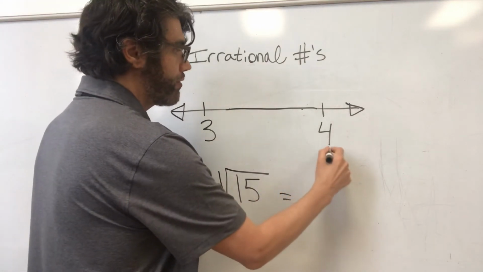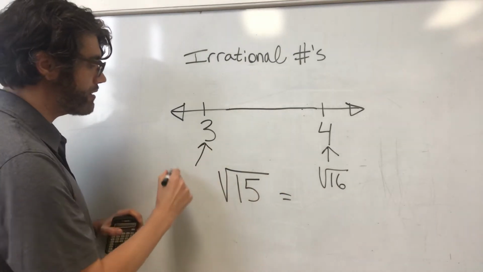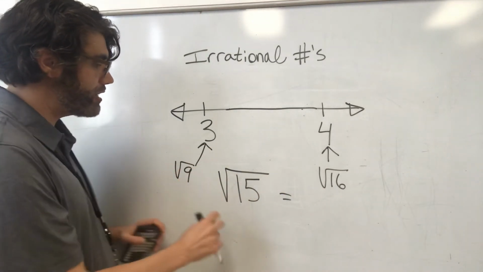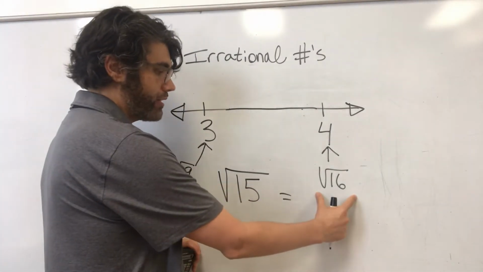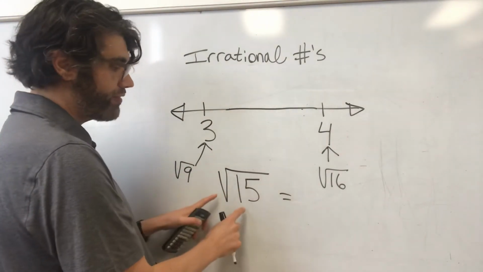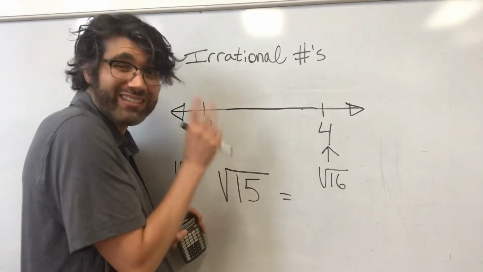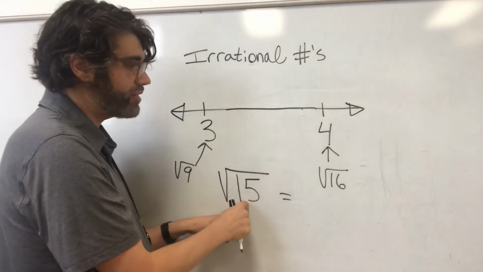But this is just under that. So 4 is the square root of 16, and 3 is the square root of 9. Do you see that the square root of 15 is somewhere between the square root of 9 and the square root of 16? And not only is it between these two, meaning the square root of 15 has to be somewhere between 3 and 4, but do you see how close 15 is to 16?